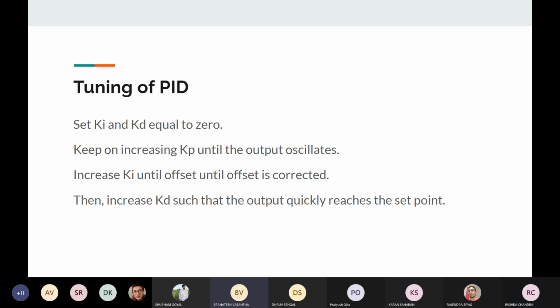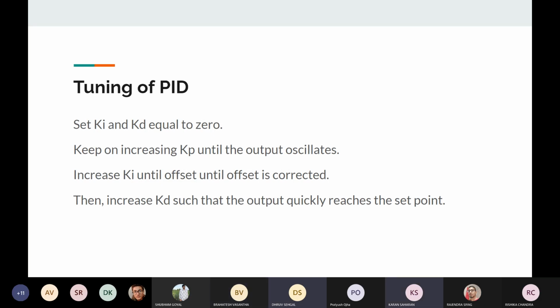Is the value of Ki, Kd, and Kp dependent on our desired output, or will it be the same for different outputs? It will change. It varies according to every system as well as every output.